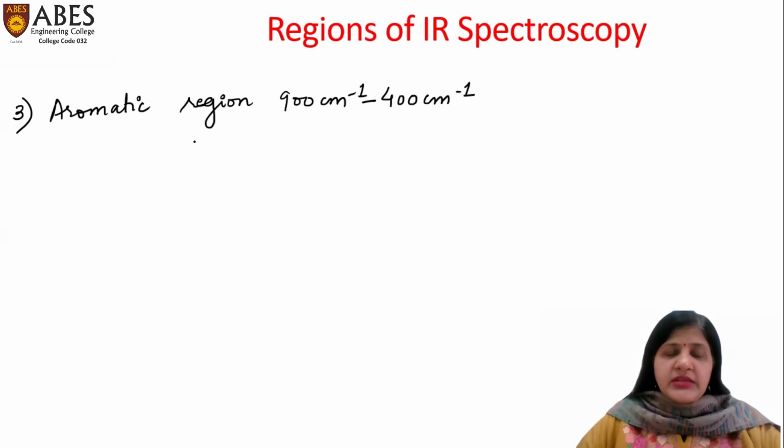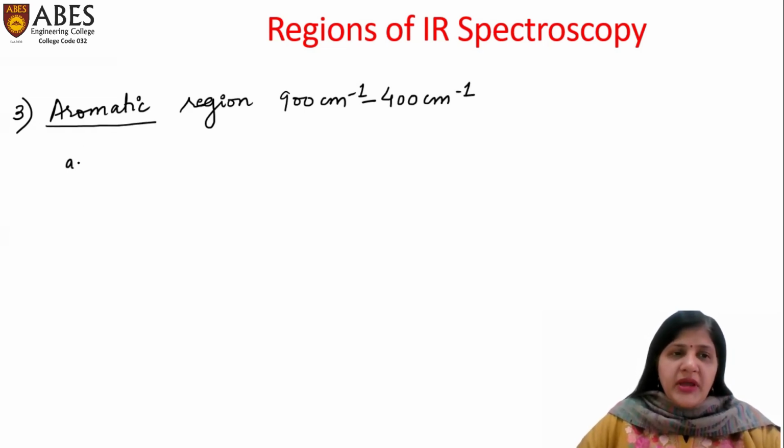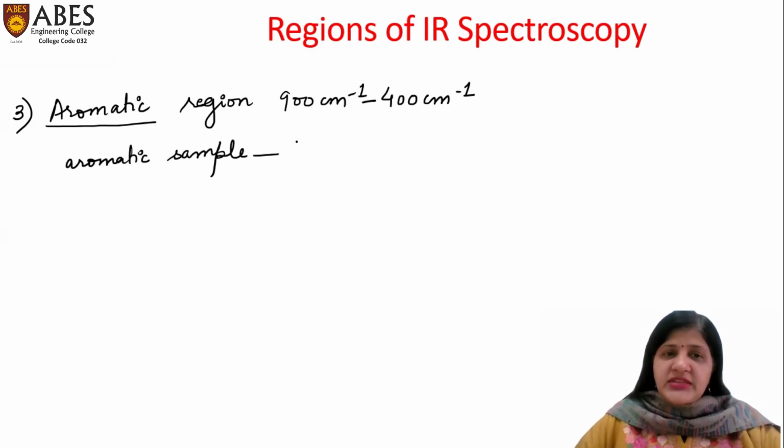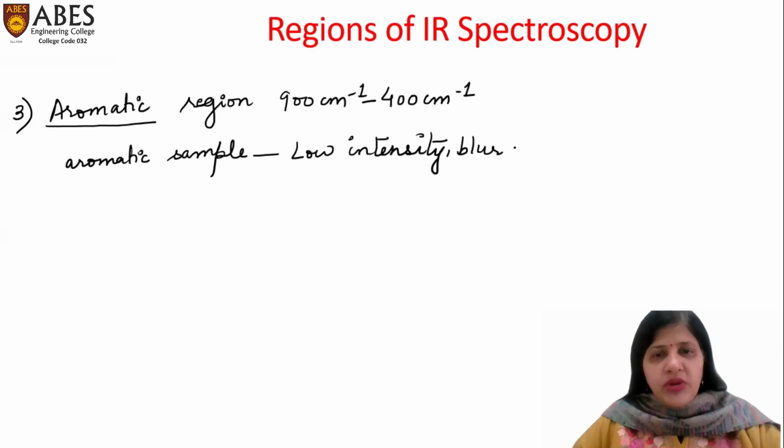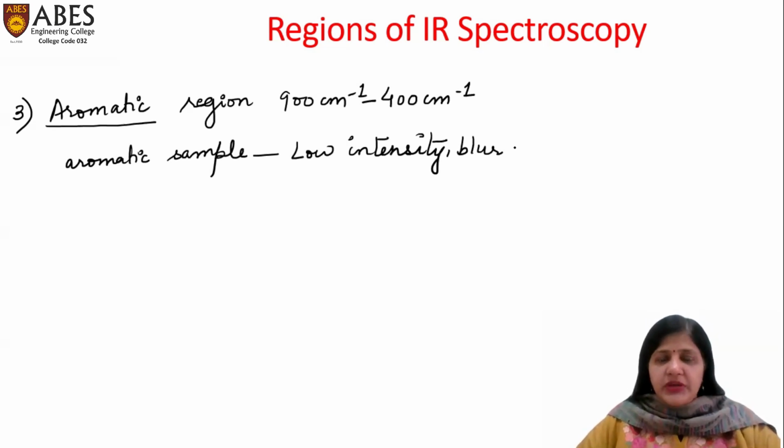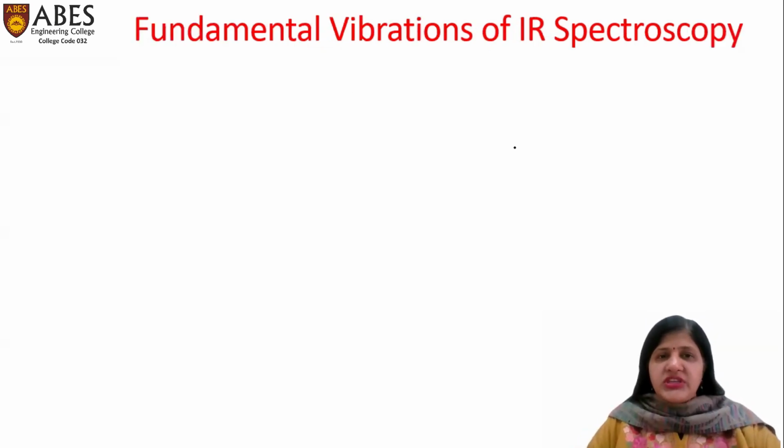The presence of bands in this region gives information about the presence of aromatic molecules in the sample. These bands are of very low intensity, not very sharp, and they appear blurred in the spectrum. So these are the regions of IR spectroscopy.